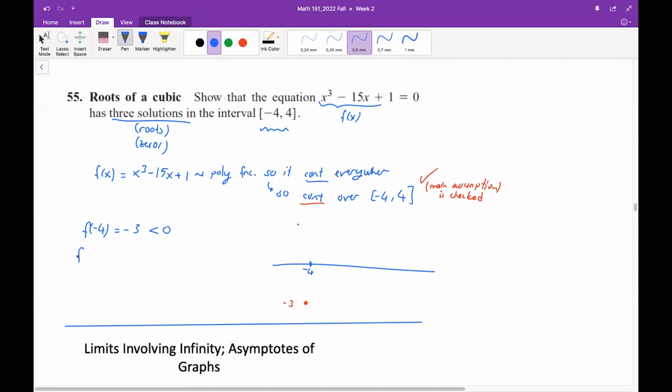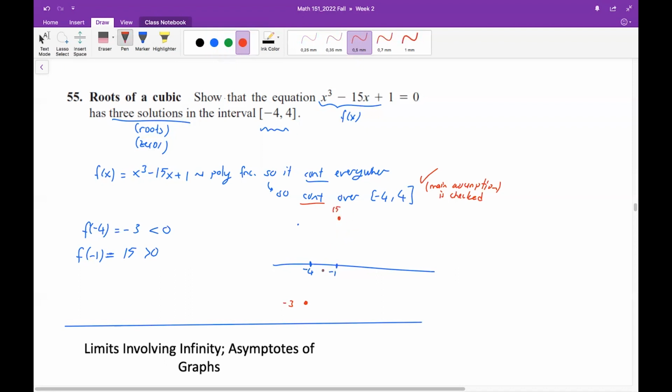Then let's look at the image at -1. Insert -1 here to find the value 15, which is a positive value. So at -1 we obtain a positive value, 15.